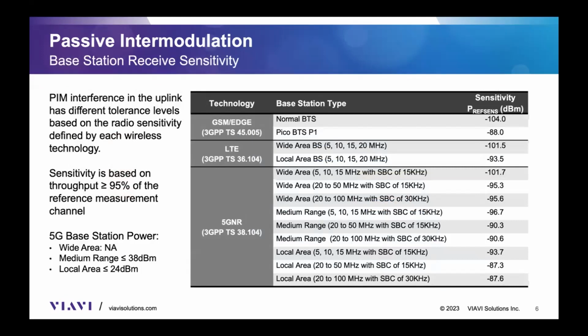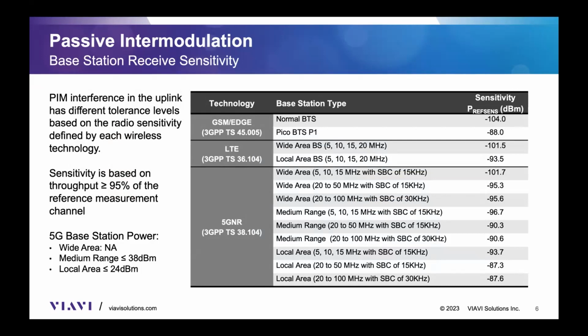Okay, now how big of a problem is passive intermodulation? Well, that happens to be related to the sensitivity of the radio. So here in this table, I just grabbed the different sensitivity levels defined by 3GPP in different technology segments. So we have, from back in the day, GSM, LTE, and 5G.